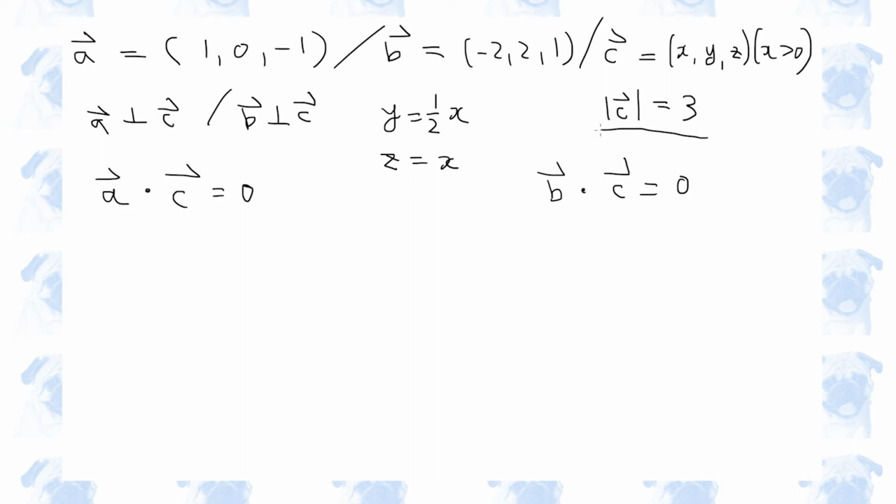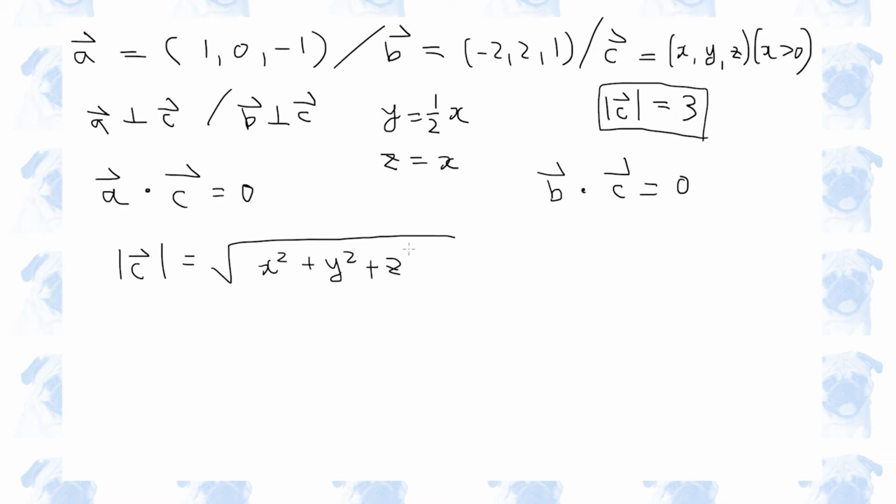Next, let's use this information. The magnitude of vector c can be calculated by the square root of x squared plus y squared plus z squared. Now, y is 1/2 x, so 1/4 times x squared, and z is just x, so x squared.